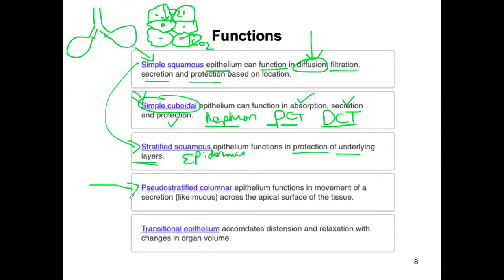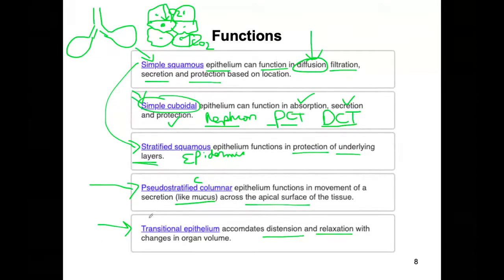The pseudostratified columnar, this is what I was drawing earlier with the windpipe, where we called it the pseudostratified ciliated columnar. We had the cilia beating rhythmically, and it had those goblet cells, which are going to push mucus across that apical surface. Okay. And then we have transitional, which we're going to find in, let's say, the urinary bladder, where it could be distended or even relaxed.